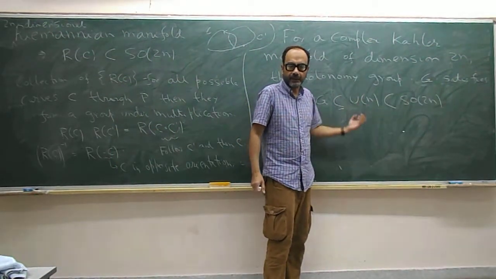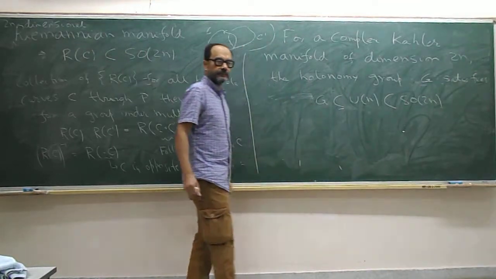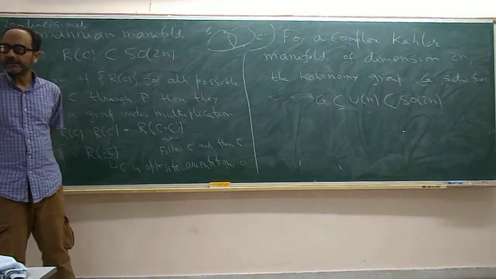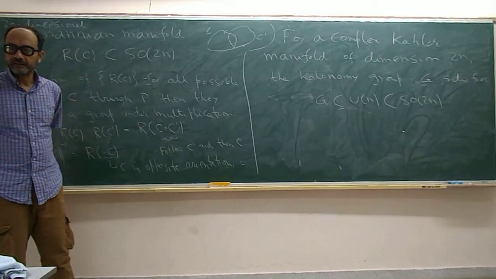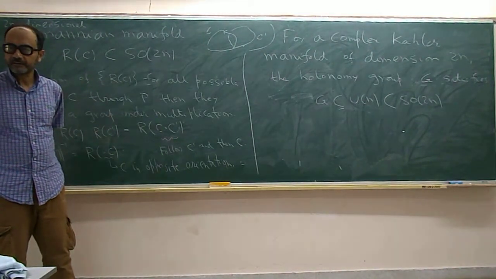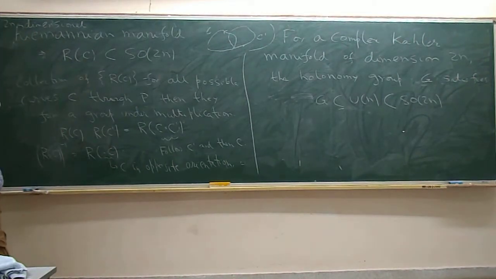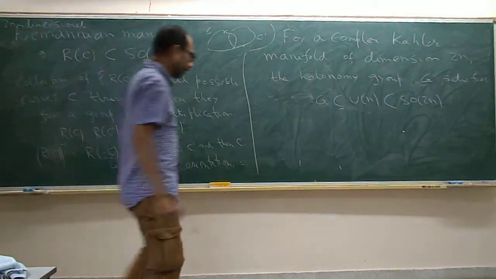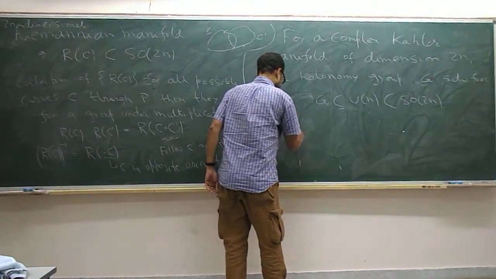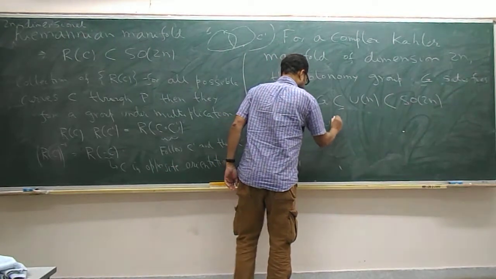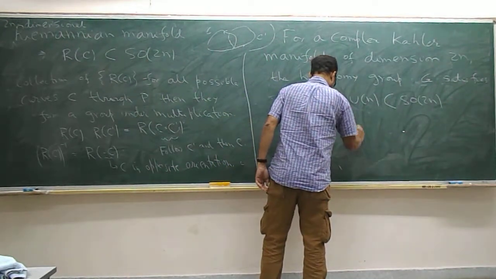This is something you can show explicitly. Is this statement clear? So basically what happens is ∂/∂z^i goes to U_ij ∂/∂z^j.